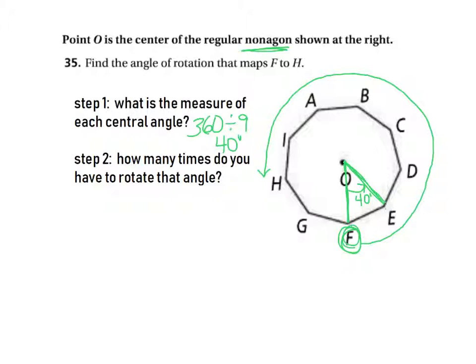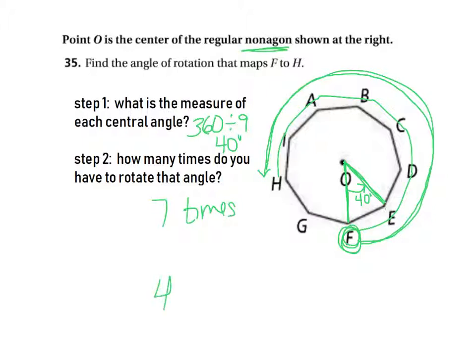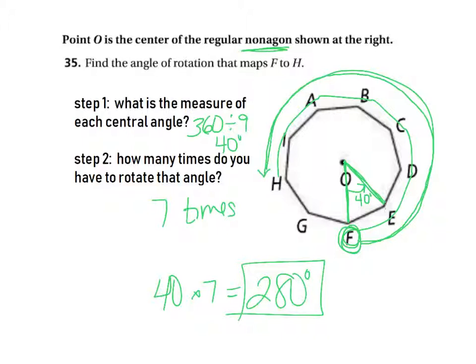I'm trying to get F clear over and around to H. So here it goes. It would be 1, 2, 3, 4, 5, 6, 7 times I'd have to rotate that. So I'm going to rotate 40 degrees 7 times. 40 times 7 is 280 degrees. That's how much I'd have to rotate it to get F to land on top of H.